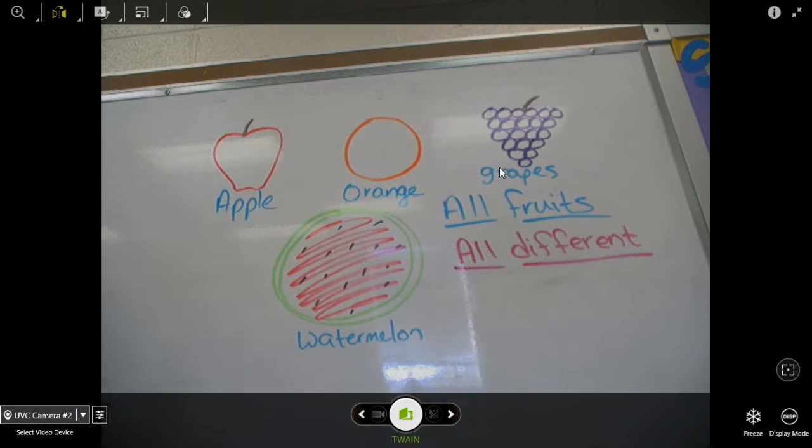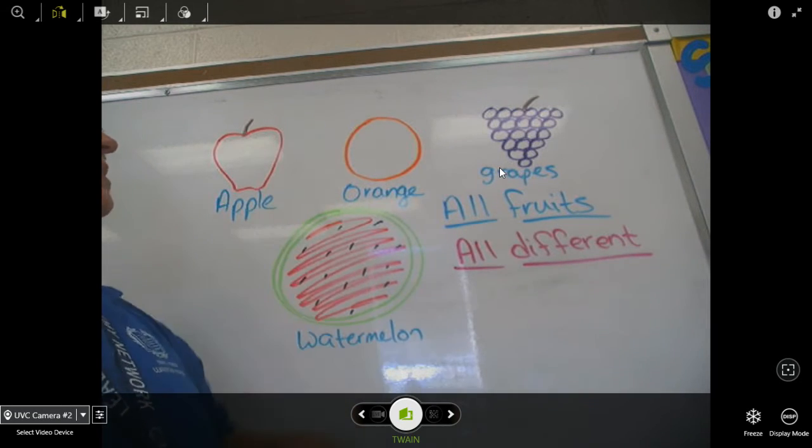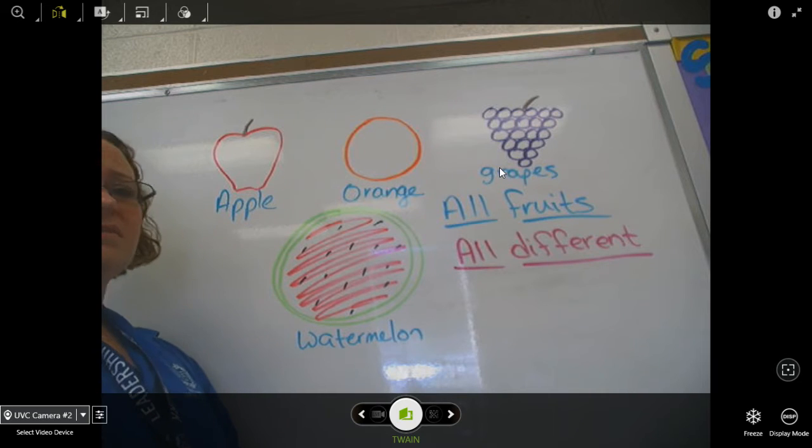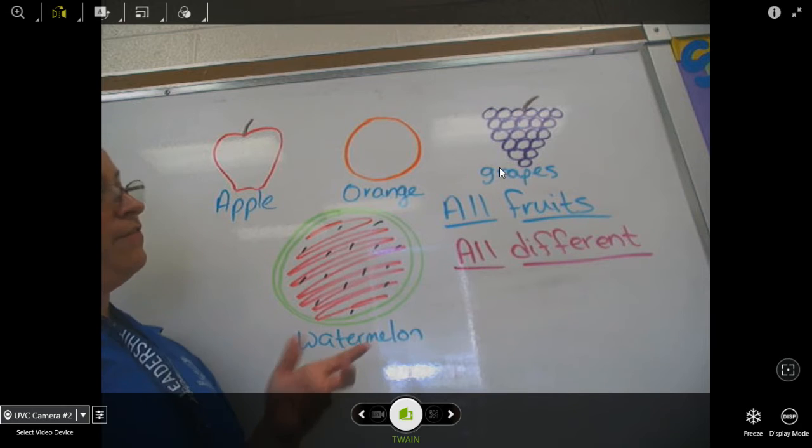Now, the reason I bring that up is because many times what I have seen with my students is they look at variables and they're like, well, they're all letters. Well, yeah, they are all letters. But are they all the same letters? No. If I ask you, oh, they're all fruits, so we can say they're all the same, you'd be like, no, they're not. Okay, it's the same thing with our variables.